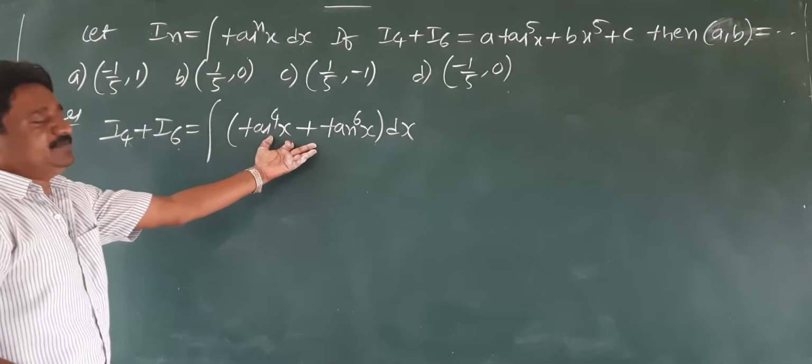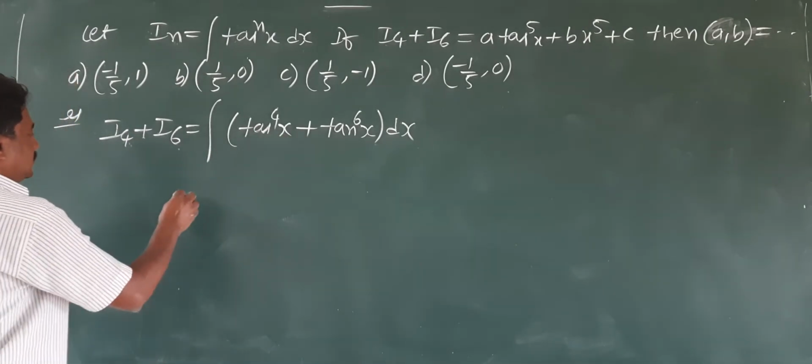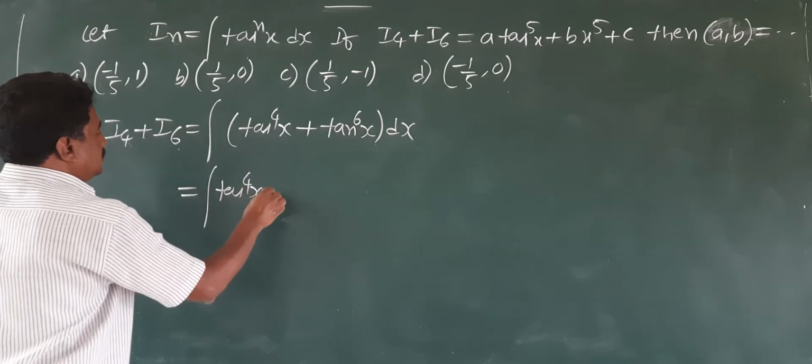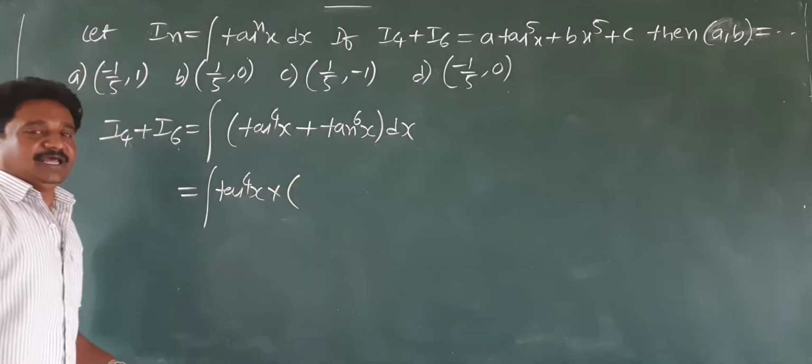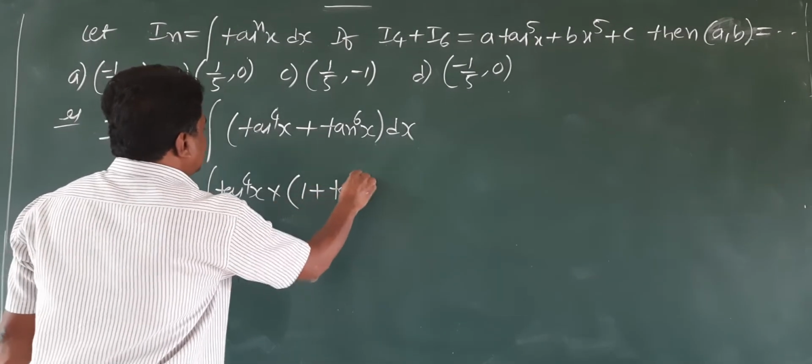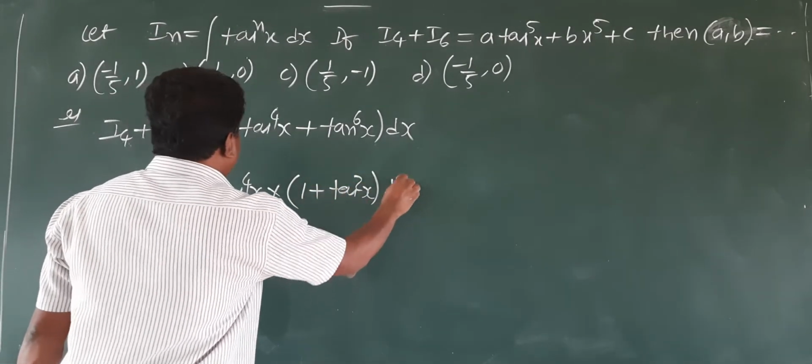What is common from this? Tan power 4x is common. So the remaining is 1 plus tan square x into dx.